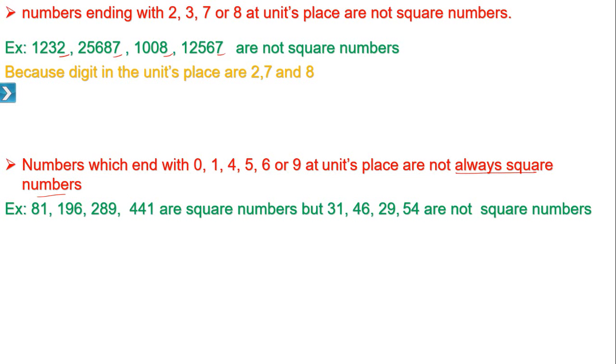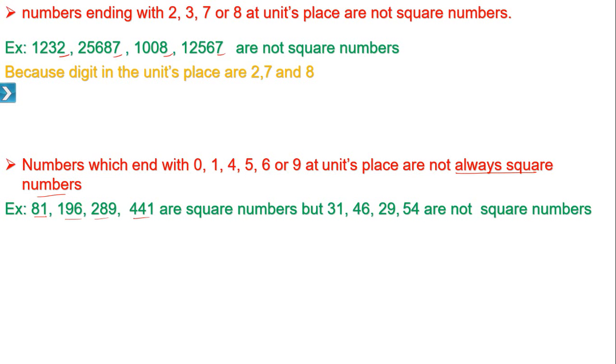81, 196, 289, 441 are square numbers, but 31, 46, 29, 54 are not square numbers. See here, 81, 196, 289, 441. These are square numbers. They end with 1, 6, 9 and here 1.